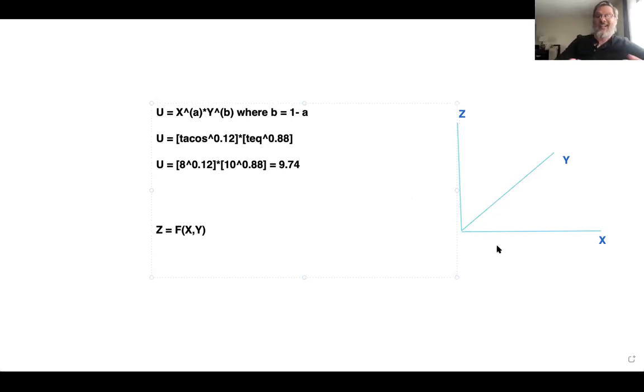I don't know if there's some rounding error in there or not, but we can check it out in just a minute. So do you get the way the graph would look for this point? So we would have some point here on the tacos axis. Let's say that's 8, right? And then we're going to have some point on the tequila axis, 10, right?